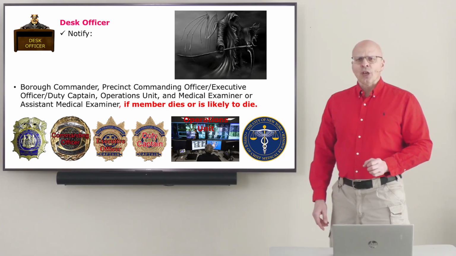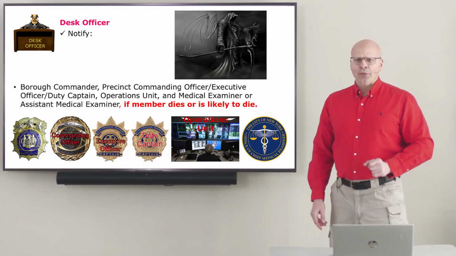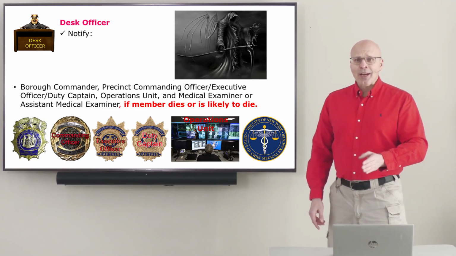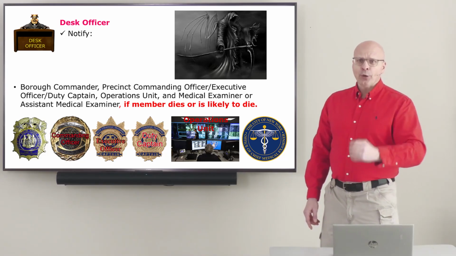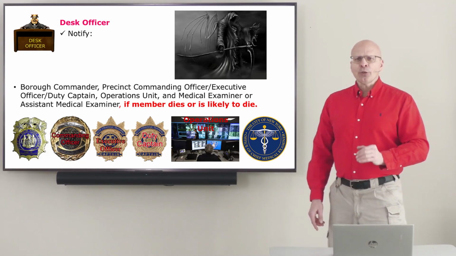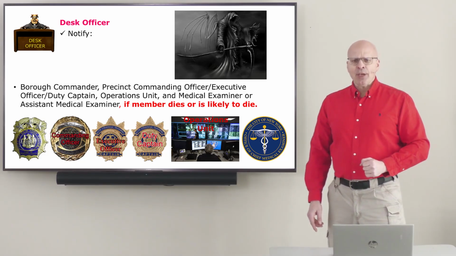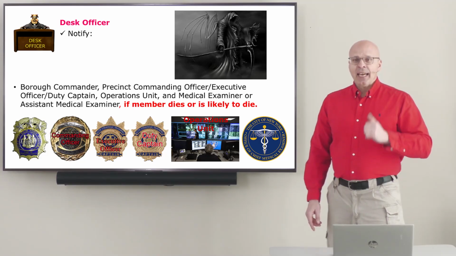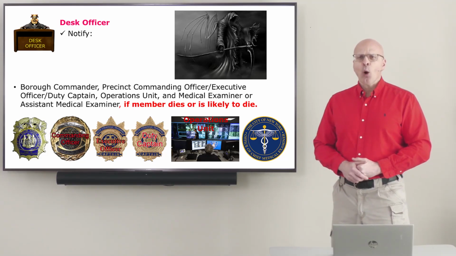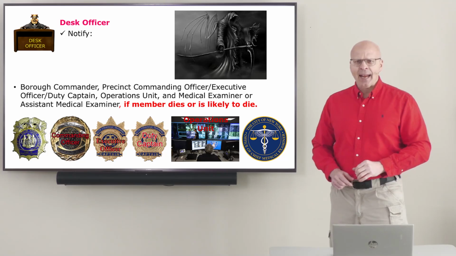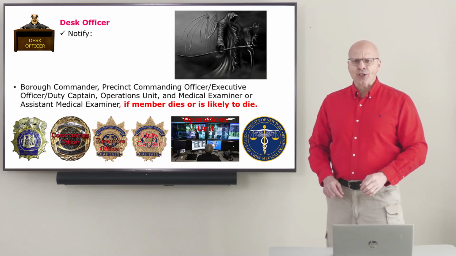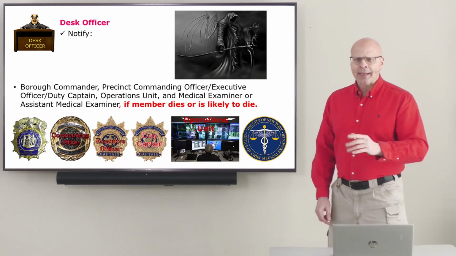And the desk officer, he has to make another notification. And in this situation, he's going to have to make 4 notifications. He has to notify 4 different individuals or units if the member dies or is likely to die. I want to repeat that. He's got to make these 4 notifications if the member dies or is likely to die.